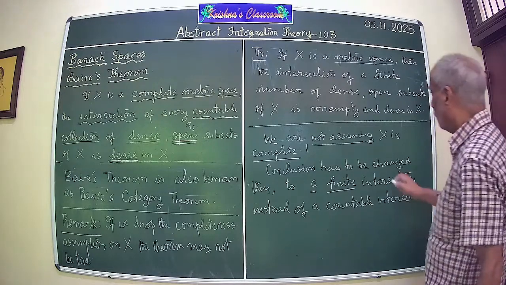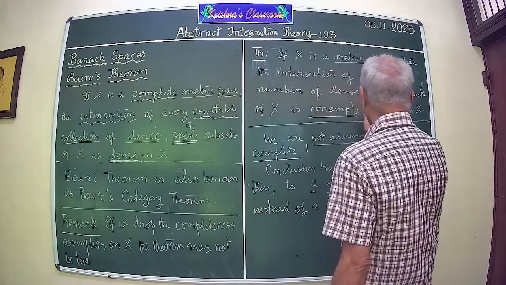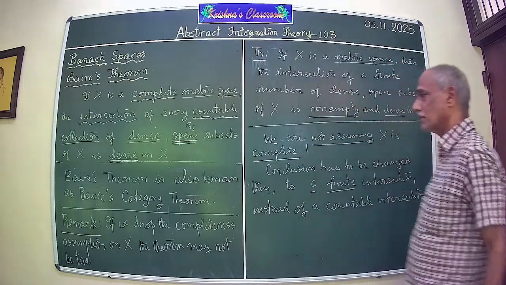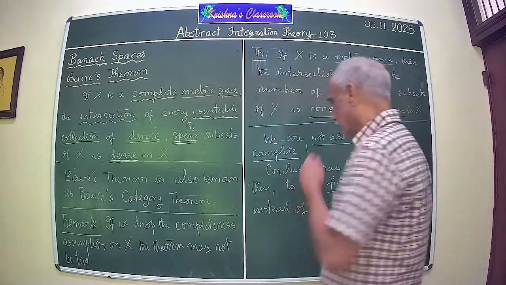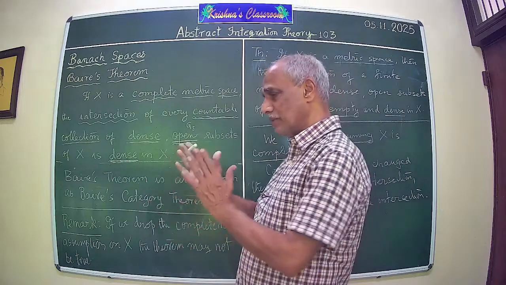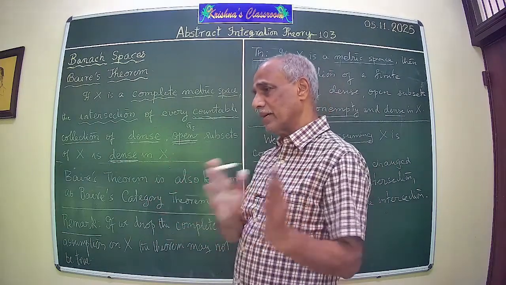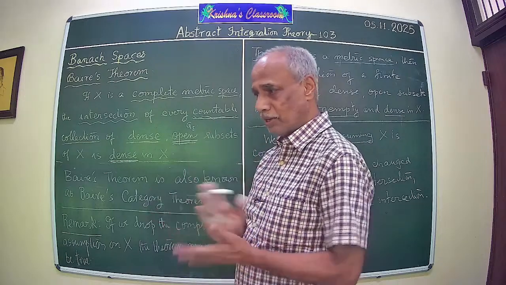And then what we can prove is that it is non-empty and dense in X. That is immediate. So it would follow that at each stage you are getting dense subsets which are non-empty.